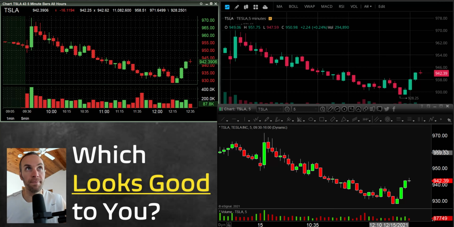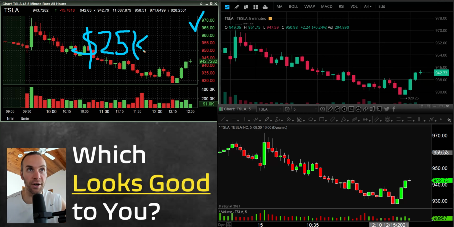So we'll start here in the upper left, and this one here, if you would want to gain access to that technical chart as a tool, that's $25,000. Now, the thing here is that it doesn't actually cost $25,000 to use it. However, that is through the broker Lightspeed, who is the broker that I use.